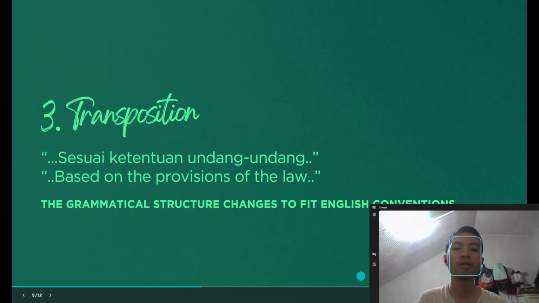And then the third one is about transposition. I choose the example from the source language, "sesuai ketentuan undang-undang," to "based on the provisions of the law."